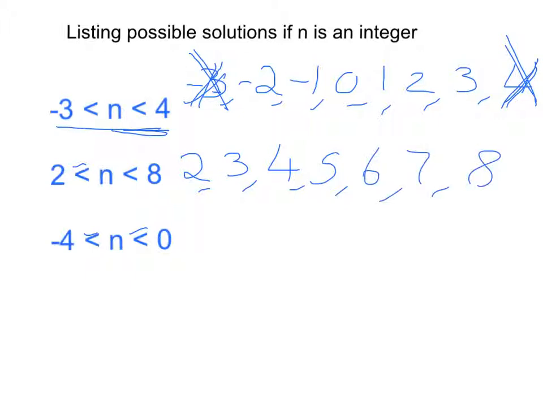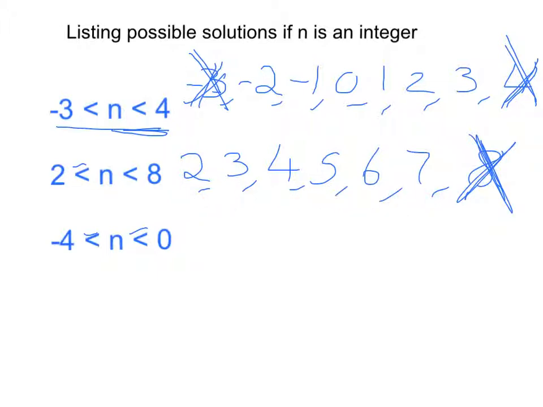Now I look back at the inequality. This time 2 is less than or equal to n, so 2 could be equal to n, so I'm going to keep it. However, n has to be less than 8. It can't be 8 itself, so I get rid of 8. So possible solutions are 2, 3, 4, 5, 6 or 7.